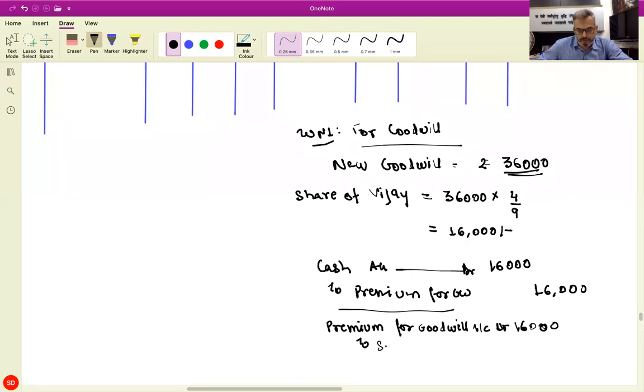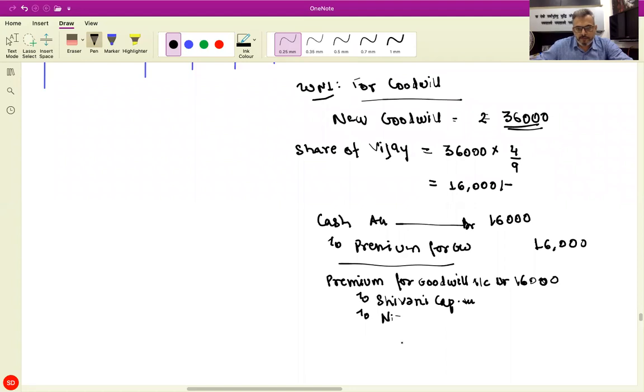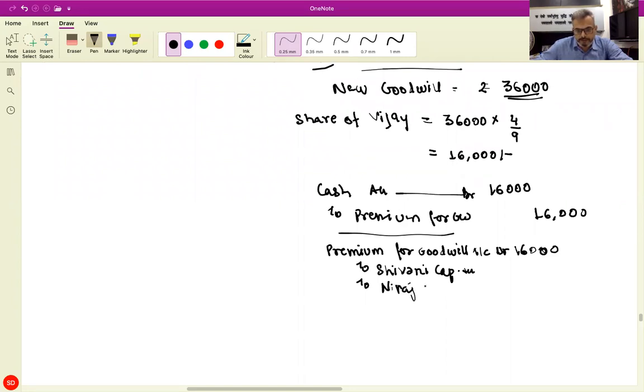2. Shivani capital account to Neeraj capital account.